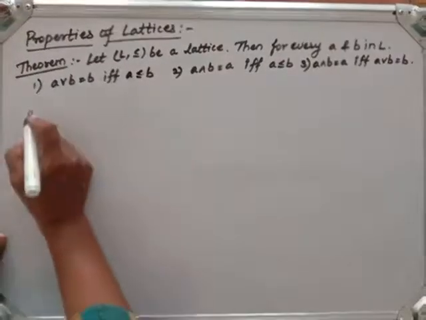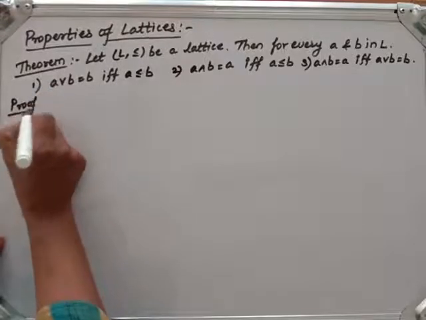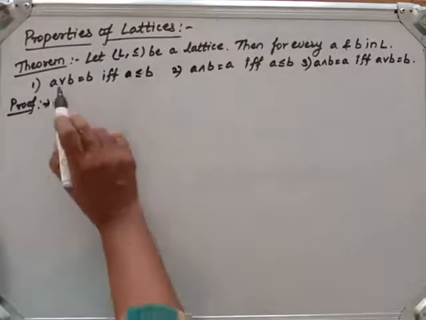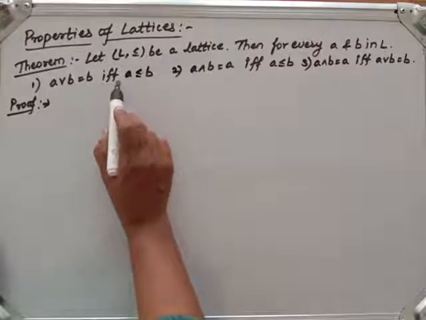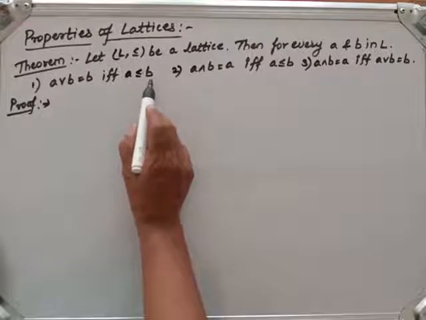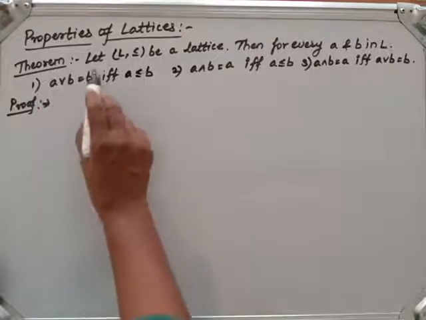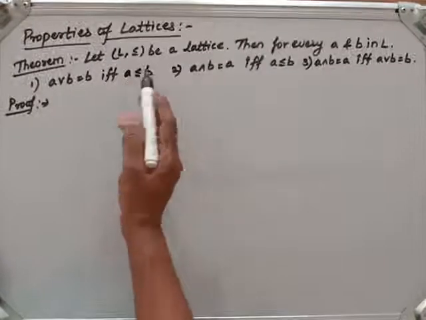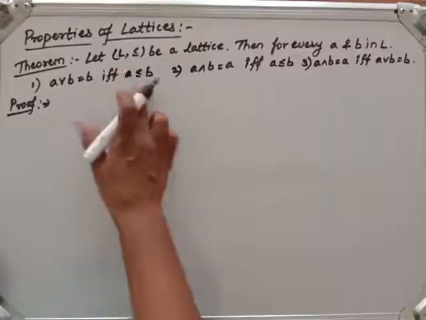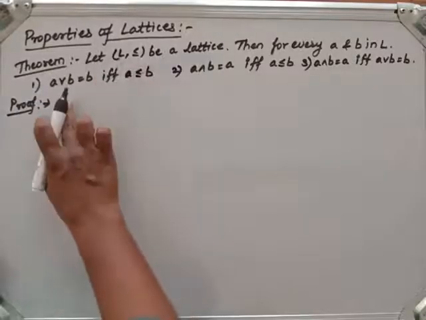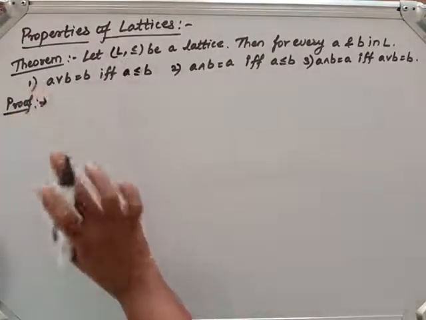Now the first one, proof. Here it is given to us: A join B is equal to B if and only if A is related to B. First we will assume this is given and prove this, and then the converse. Since it is if and only if, it is both-way implication: P implies Q, and Q implies P. The second time, this is given to us and from this we have to prove the other.